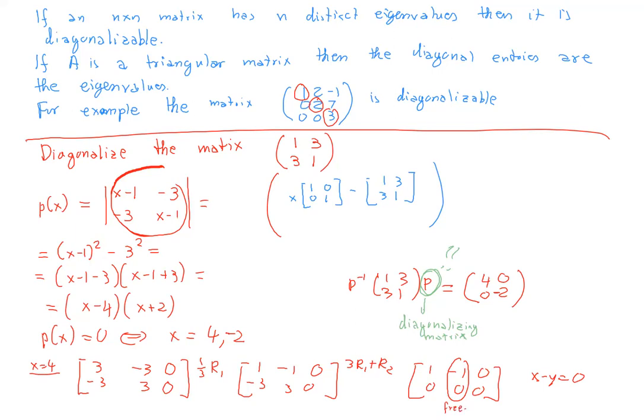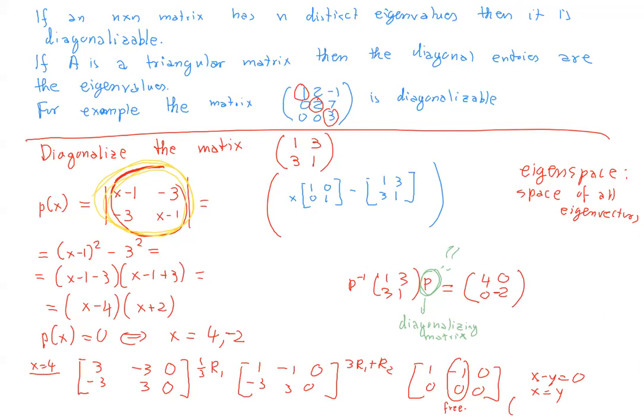The bottom line is that the column of the Y's is going to correspond to a free unknown. So X is equal to Y. So your eigenspace, meaning the space of all eigenvectors, is a new nice word. Eigenspace is the space of all eigenvectors. I got this matrix by substituting X equals 4 into the matrix that I used to find the eigenvalues.